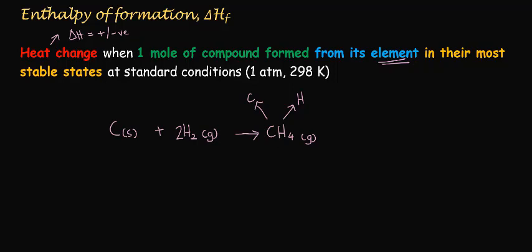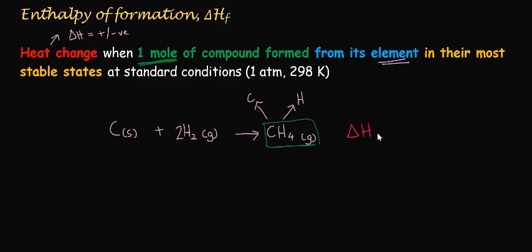You cannot change the stoichiometric coefficient for this compound because in the definition, the compound formed must be in 1 mole. So for the thermochemical equation, this is a balanced chemical equation for the formation of CH4. For the thermochemical equation, you just need to add the information about the enthalpy.